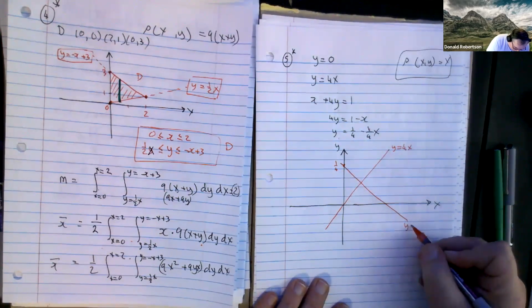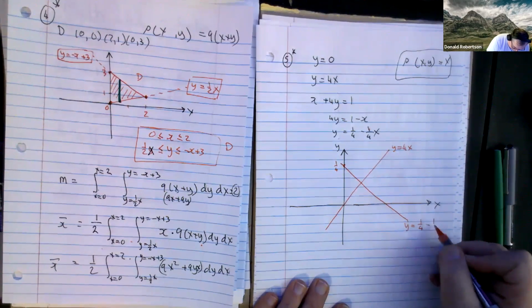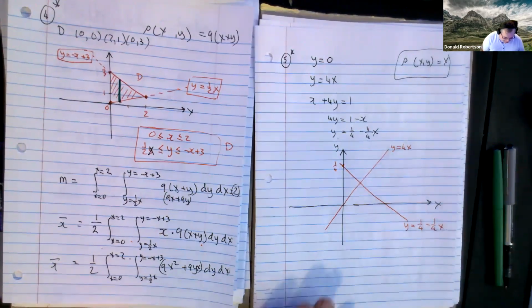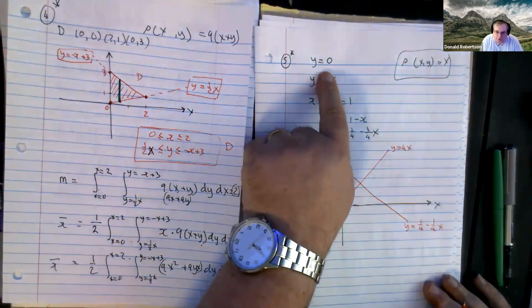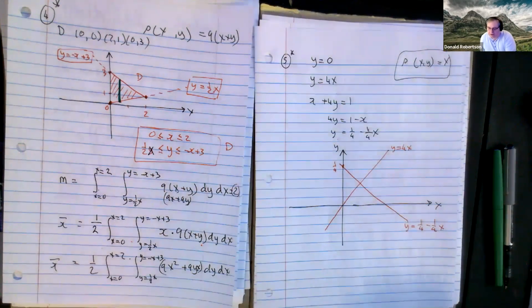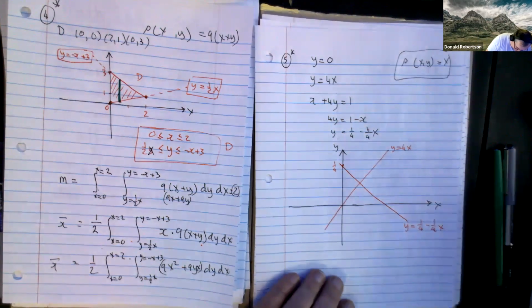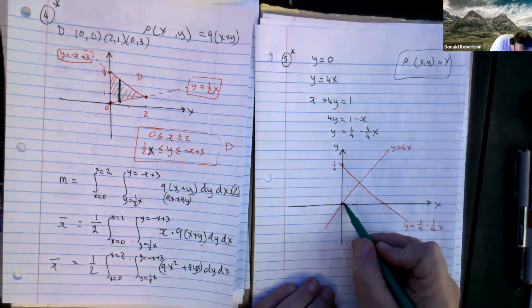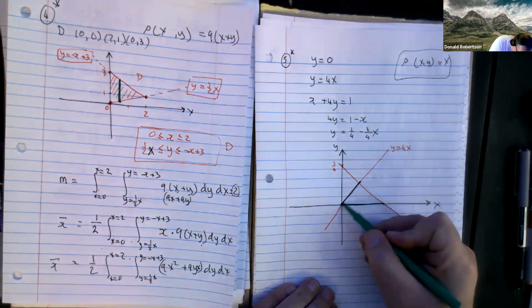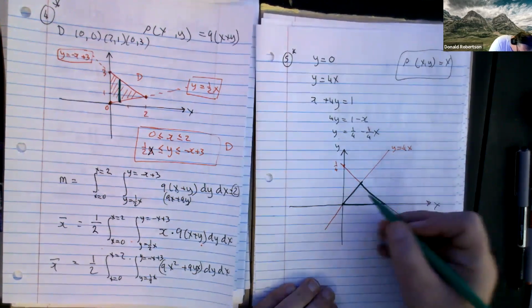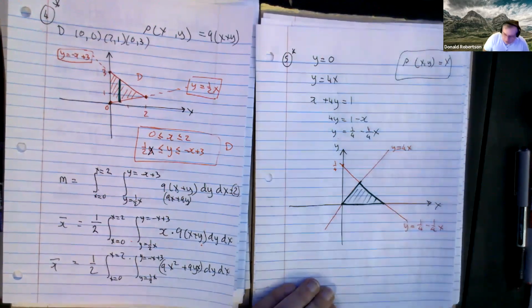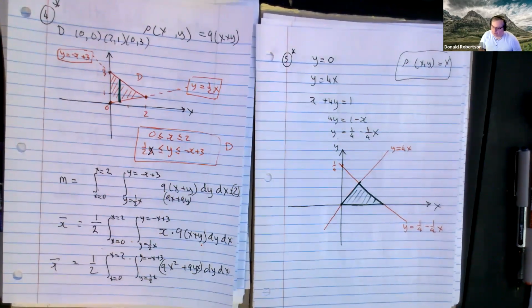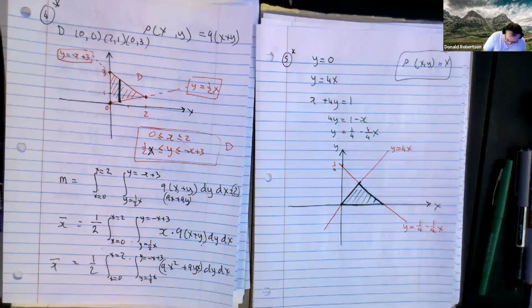And this is what y equals 1/4, take away 1/4 x looks like. They also have y equals 0 going on here. And what is y equals 0 except the x-axis? Now, when you put the x-axis in, do you see that the triangle they're now talking about is that one? Right, two straight lines and the x-axis.